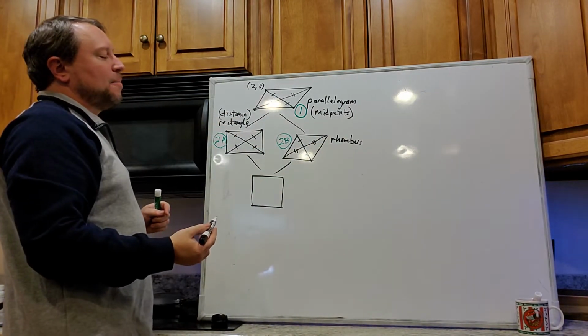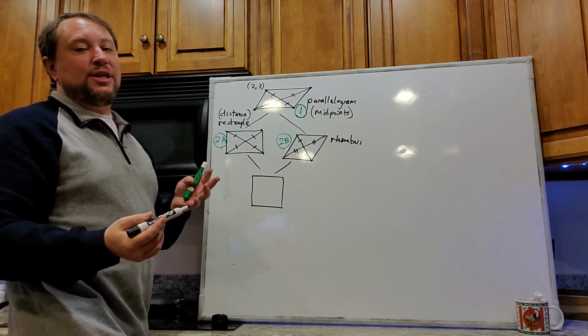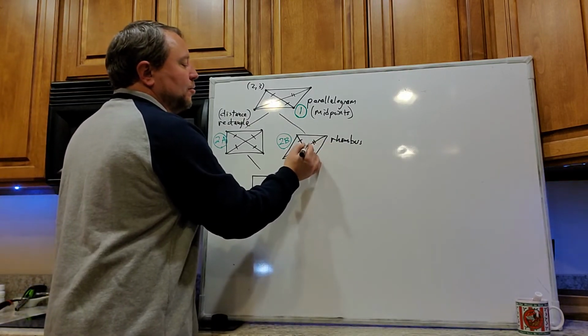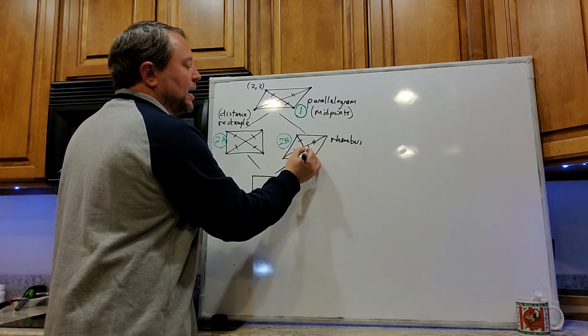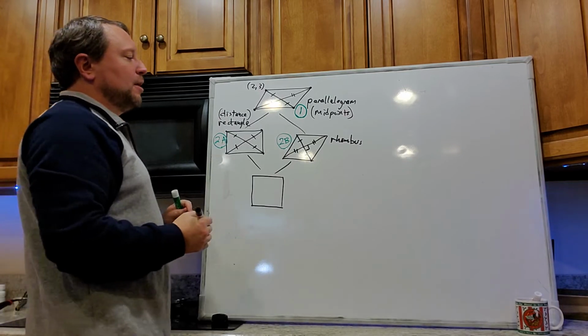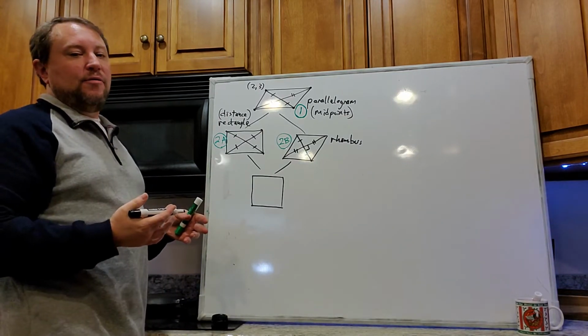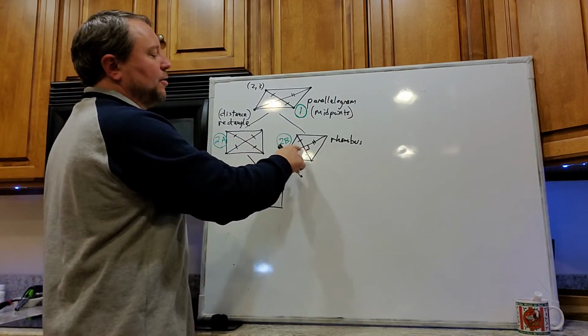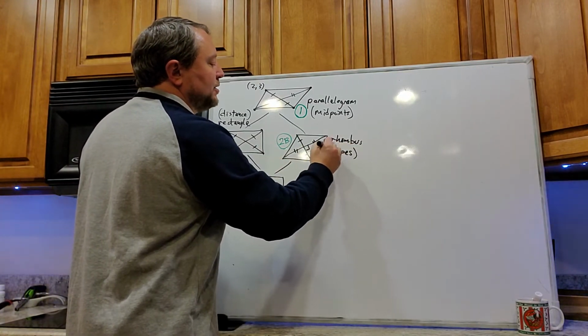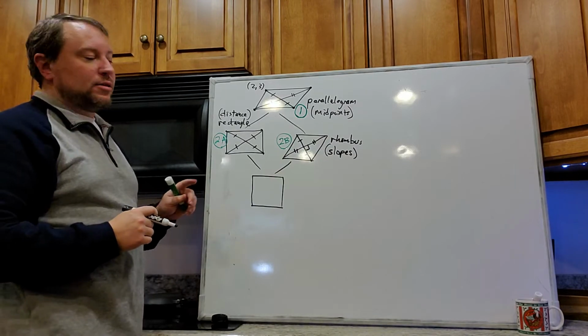But there was one other thing we could check for on a rhombus, and that would be whether or not these form a right angle. They should be perpendicular as well. And you remember how we check whether things are perpendicular, whether they form a right angle? If you said slopes, you guessed it right. We would check the slopes on that one.